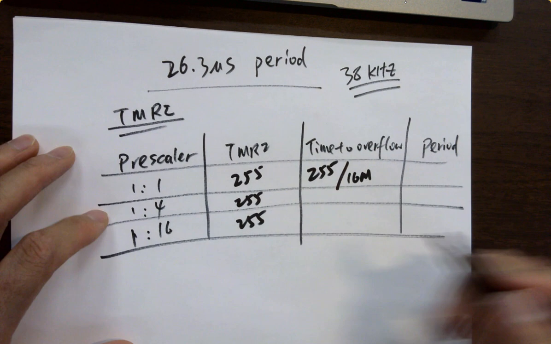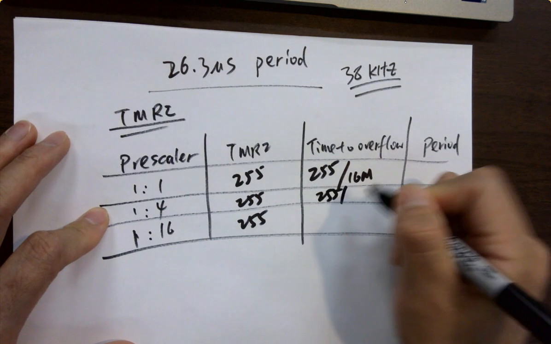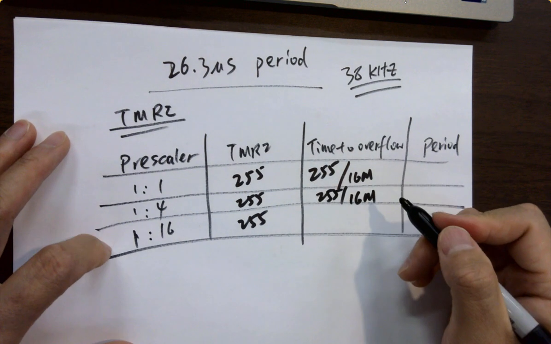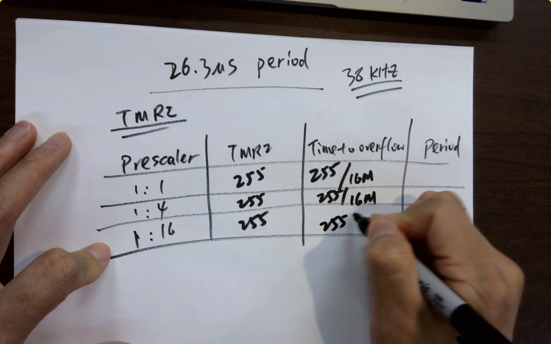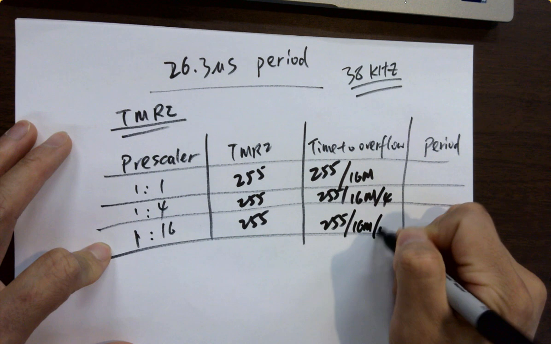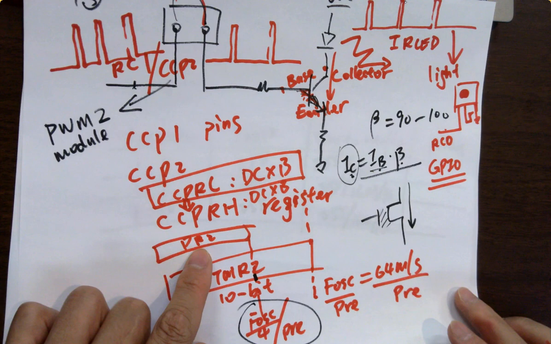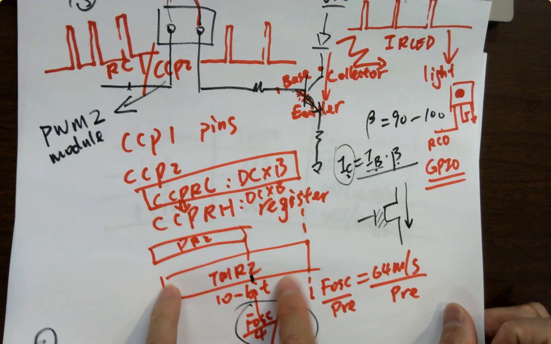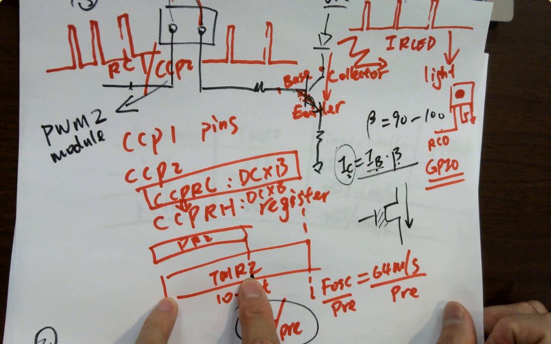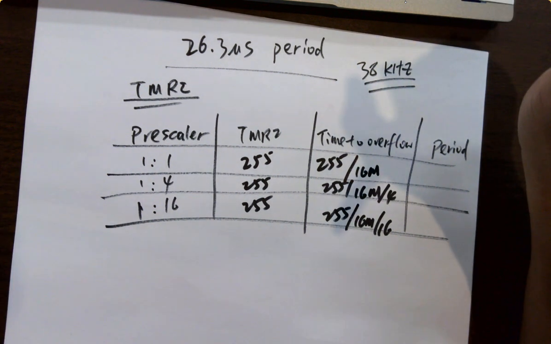So what about the second prescaler? 255 divided by 16 mega, over 4. As this is over 16, right? What about the period? Remember the period is compared to PR2, not overflowing itself, so we have to add 1 to it because of the equation provided by the datasheet.